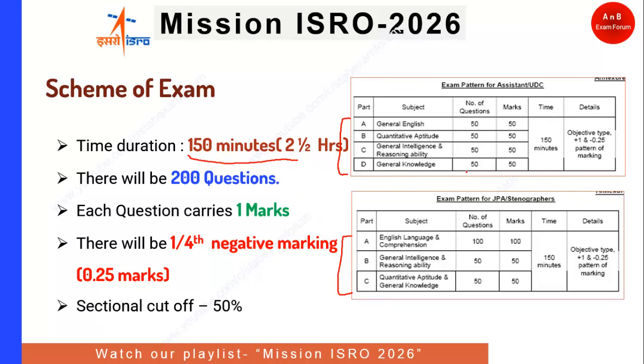Okay. And students, you have to remember this point that this time there will be a section cutoff. Last time there was a lot of confusion, but this time you have to understand there is a section cutoff of 50%. What do I mean by sectional cutoff of 50%? For example, general English is of 50 marks.